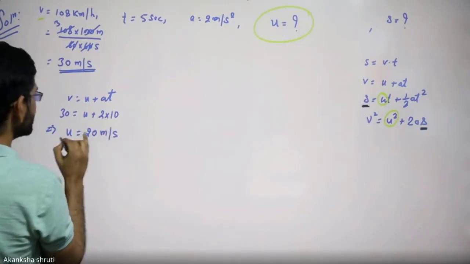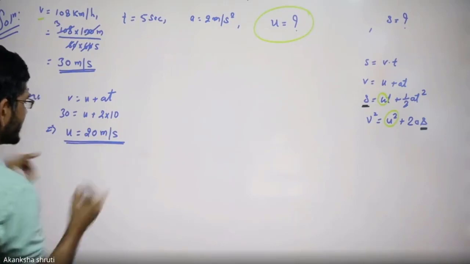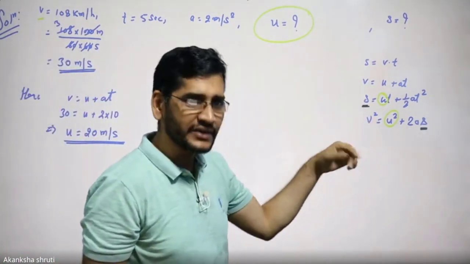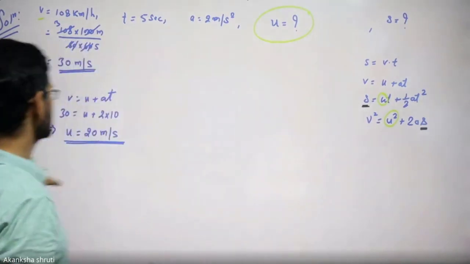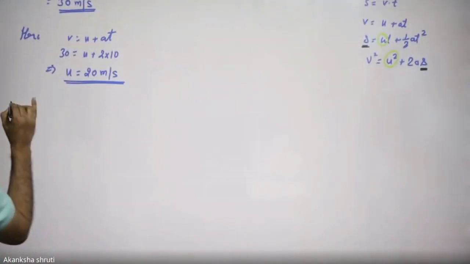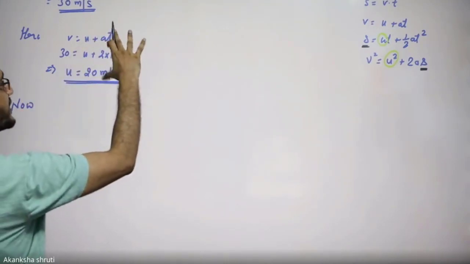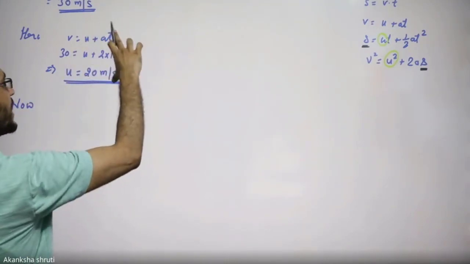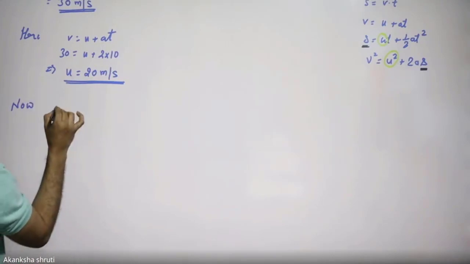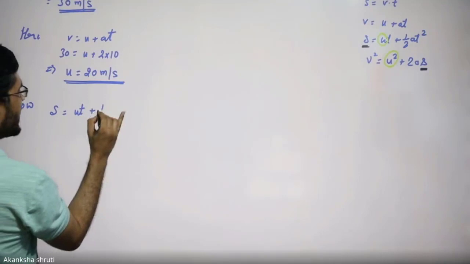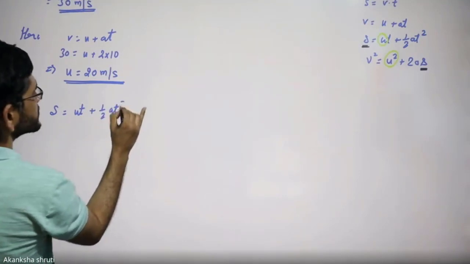So whatever U we have now calculated can be used either in the second or third equation for calculating the displacement. So let us see. This was the intermediate step, though it may not be asked in the question, but still you have to calculate it. For calculating S, S is given by UT plus half of AT square.